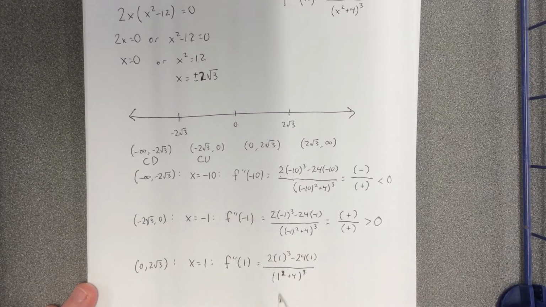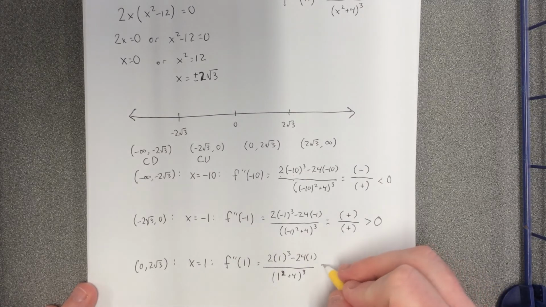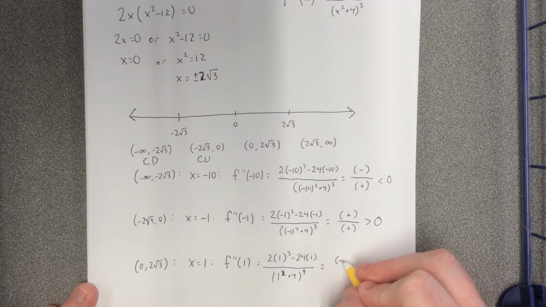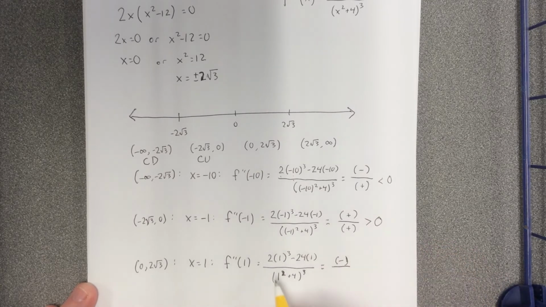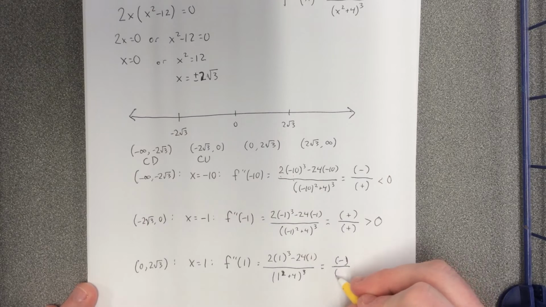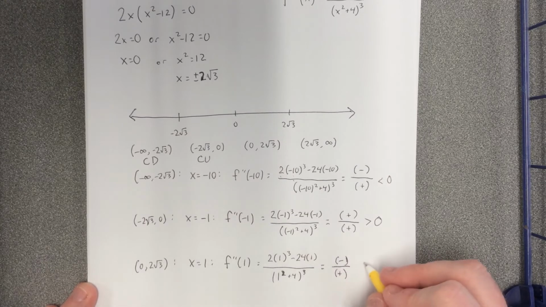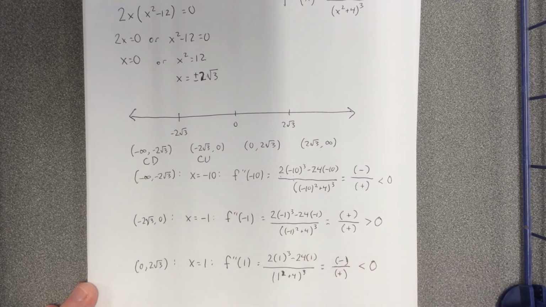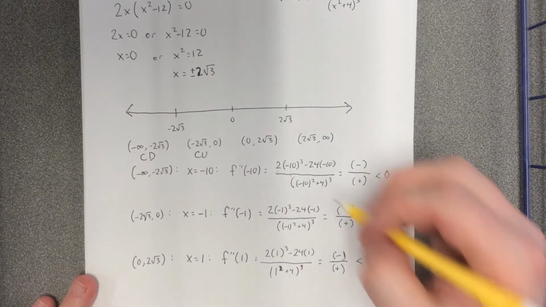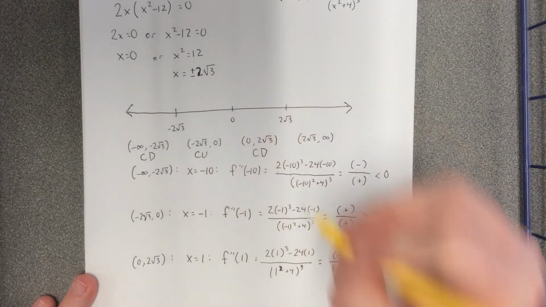Now, word to the wise, if you square 1 and cube 1, you might get radically different results. If that happens, recheck your work. Your numerator will be negative 22. Your denominator will be positive 125. You are getting a negative value for this, letting you know on this interval we are concave down.